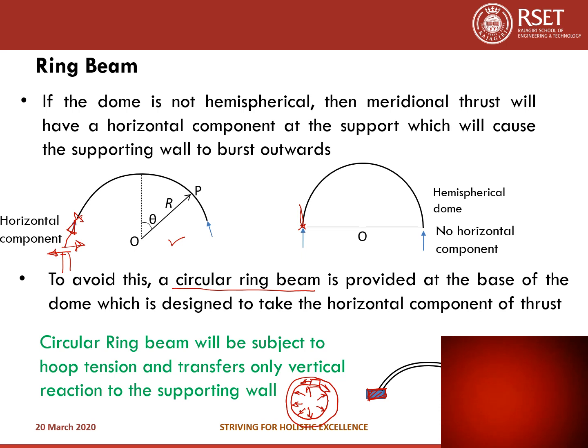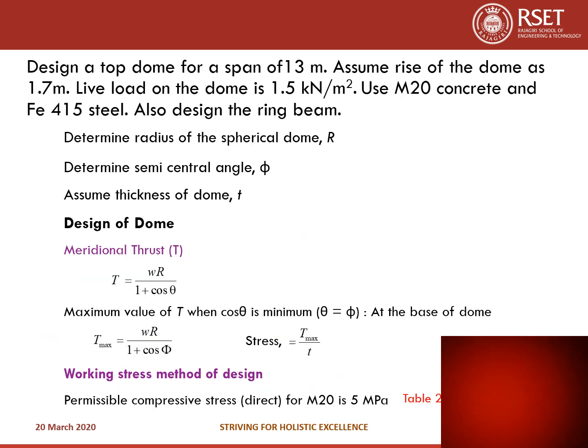By providing the ring beam, only the vertical reaction is transferred to the supporting wall. The supporting wall is below the ring beam, and the horizontal force component of the thrust will be taken by the ring beam, and only the vertical component will be passed on to the supporting wall. In this way, the wall will not burst outwards.